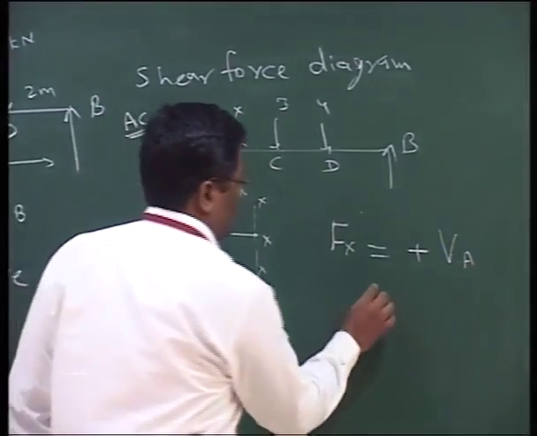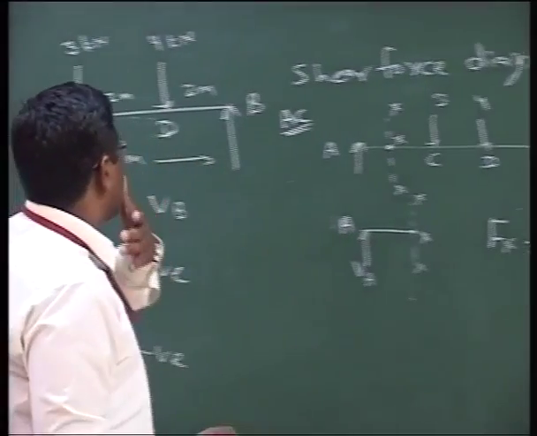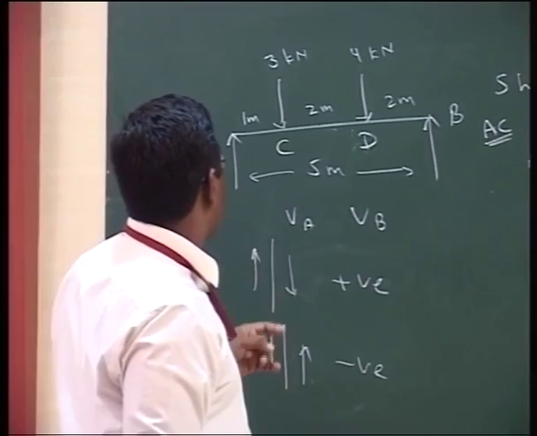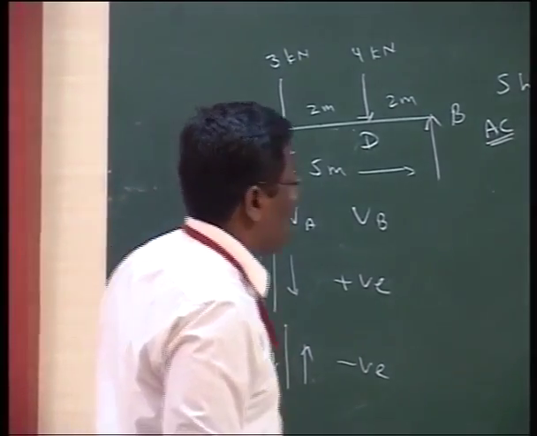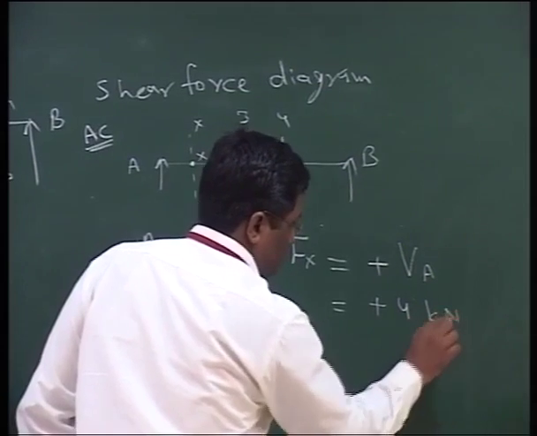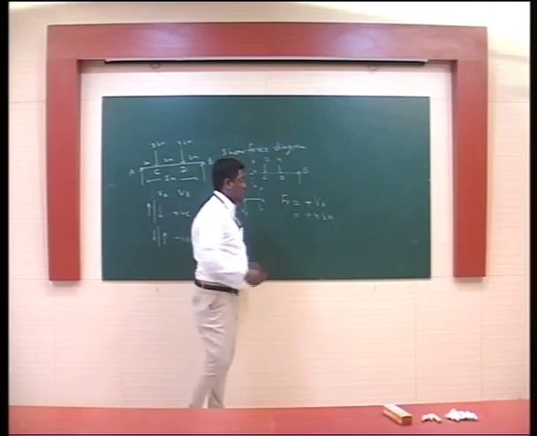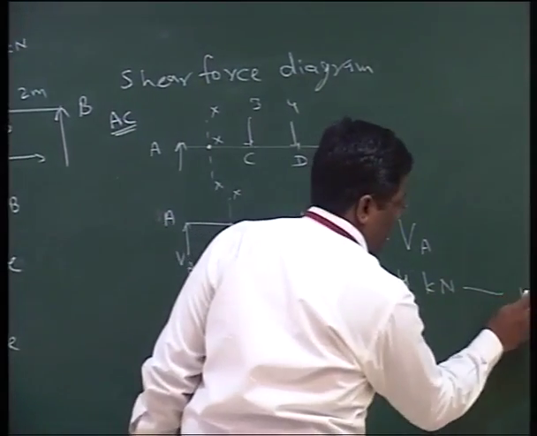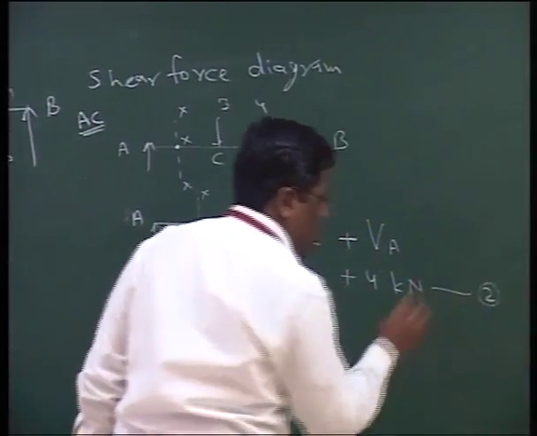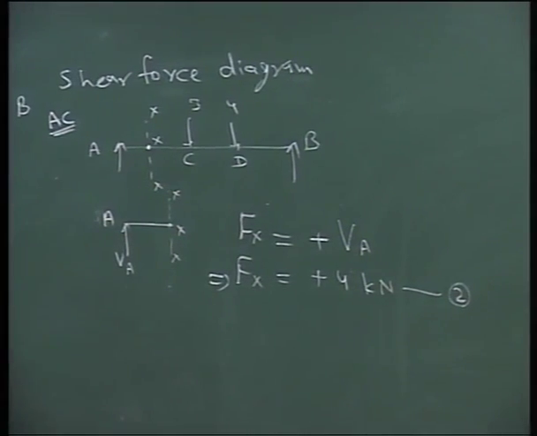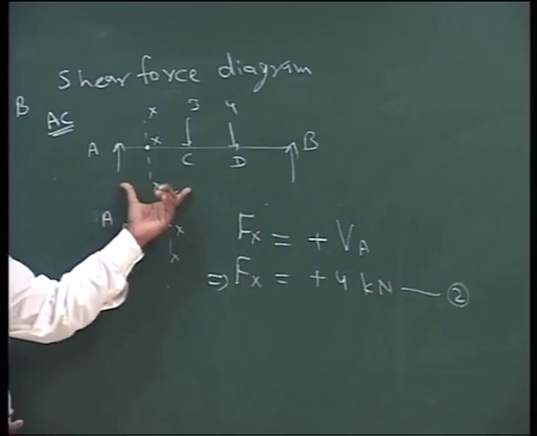What is the value of VA? The value of VA is 4 kilonewton. So Fx will be 4 kilonewton. Now this equation, let us call it equation 2, is the equation for the shear force for the portion AC.